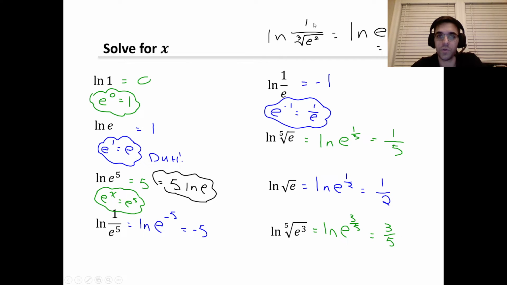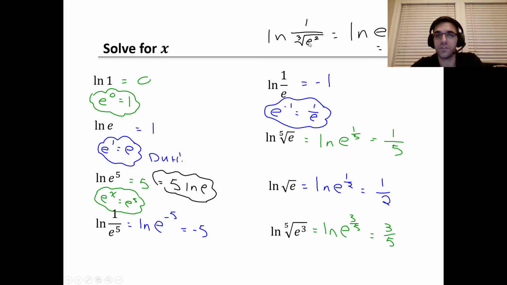And it looks like we wanted one more example in class. So if I did one with a negative fraction answer, it would look like this. Yeah, that was the question the student asked, if we could do one that has an answer that is a negative fraction. So if we had the natural log of 1 over the 3rd root of e to the power of 2, well, that would be the same as the natural log of e to the power of negative 2/3.